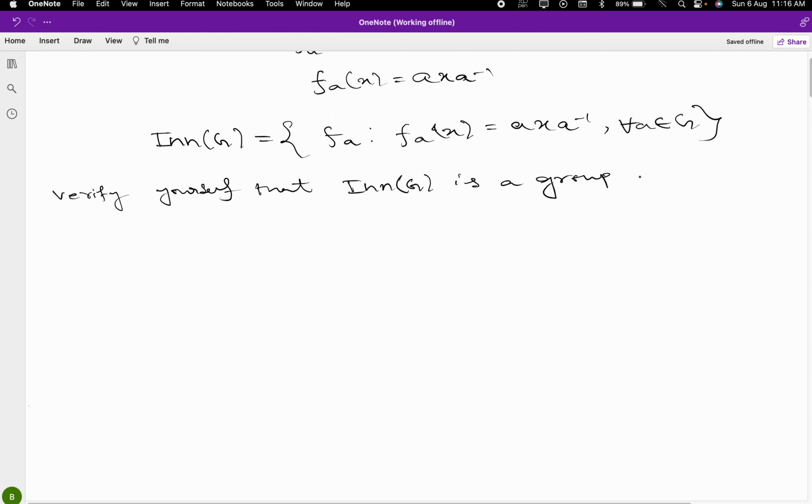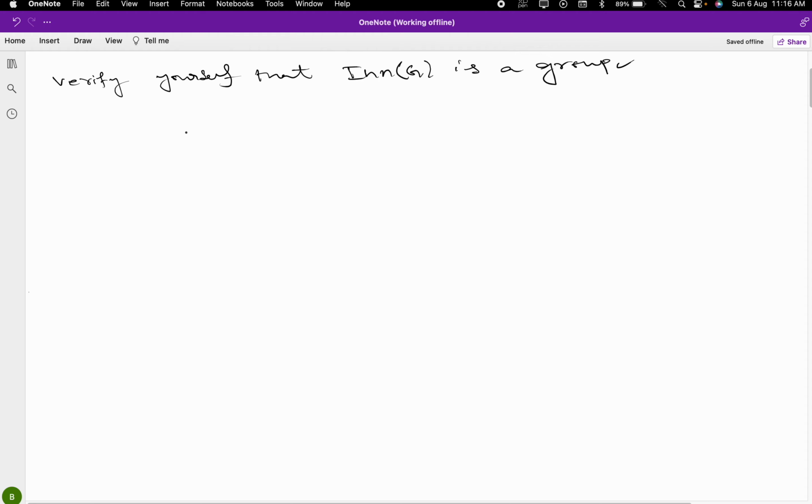In fact, it is a subgroup of Aut(G) of any group G. Anyway, you just show this is a group. Today I will show that the inner automorphism group of any group G is isomorphic to G mod Z(G).